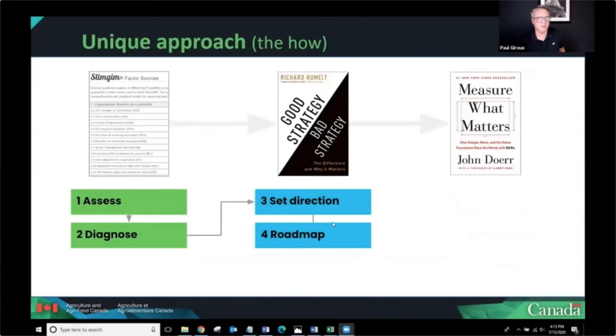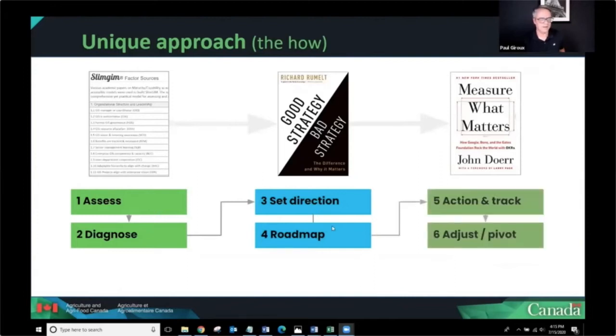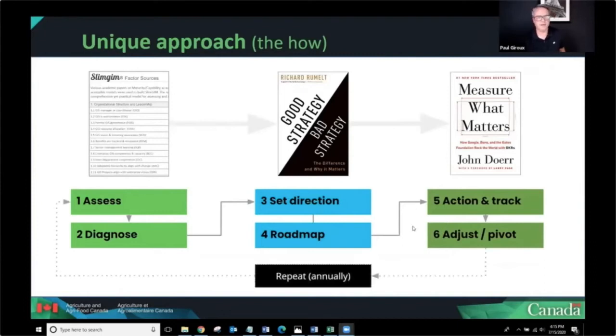We don't want to plan too far ahead because things change so fast. COVID's an example of that. Then we use OKRs to action and track, and what's really neat is the ability to adjust and pivot. We'll mention some of those things today. And then we repeat. Your strategy is going to be changing: you use an assessment model to diagnose your health, and then you adapt and move forward again, okay?